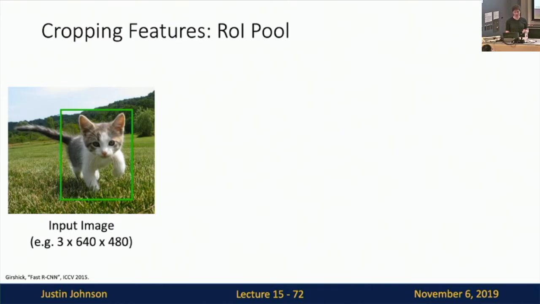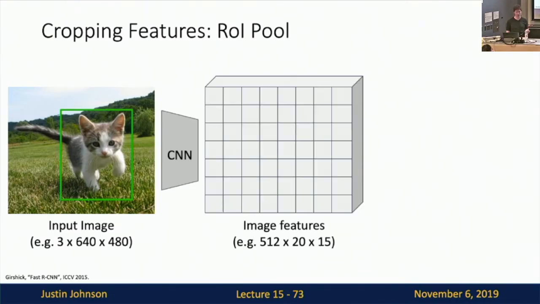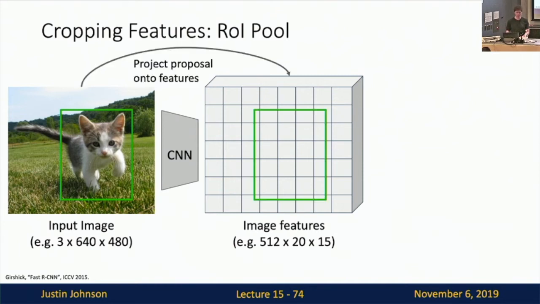Here we have our input image and some region proposal that has been computed on that input image. Then we're going to run the backbone network to get these convolutional image features across the entire input image. Just to put some numbers on this, the input image might have 3 channels RGB with spatial size 640 by 480, and the convolutional features might have 512-dimensional features with spatial size 20 by 15.